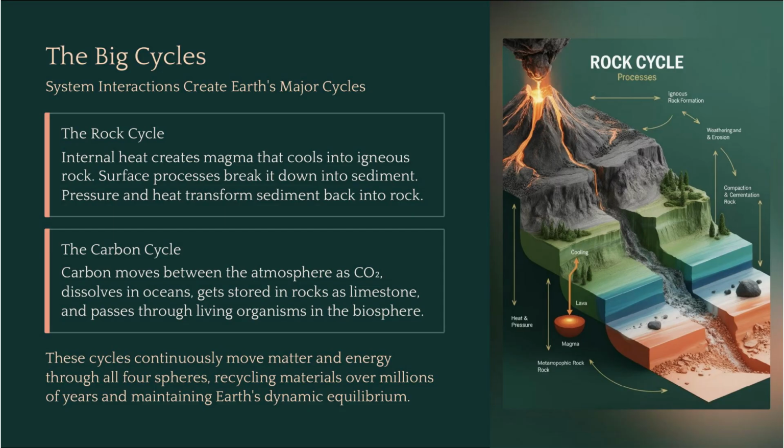That sediment gets buried and pressed together, forming sedimentary rock. If that rock gets pushed deep enough, heat and pressure cook it into metamorphic rock. It's a constant recycling of the geosphere. The carbon and water cycles work the same way, moving materials through all four spheres.